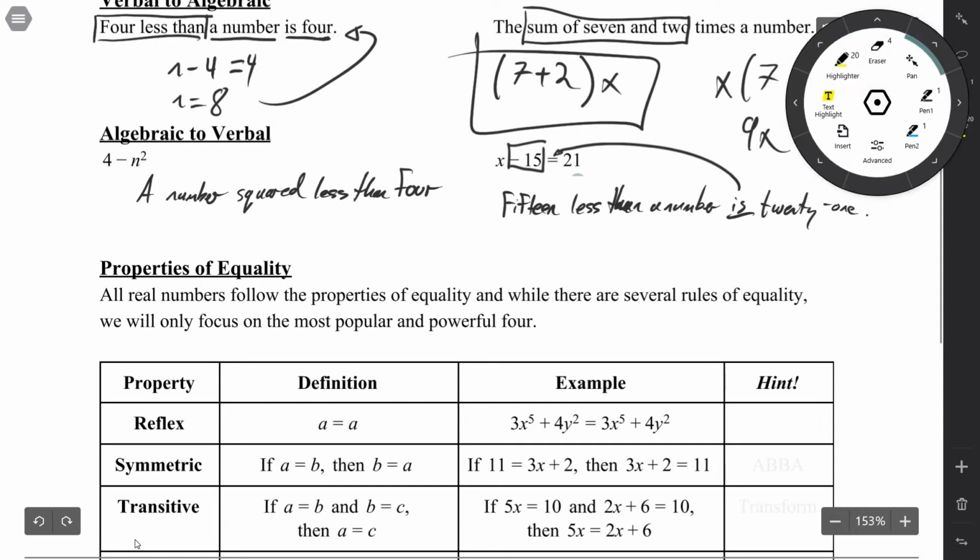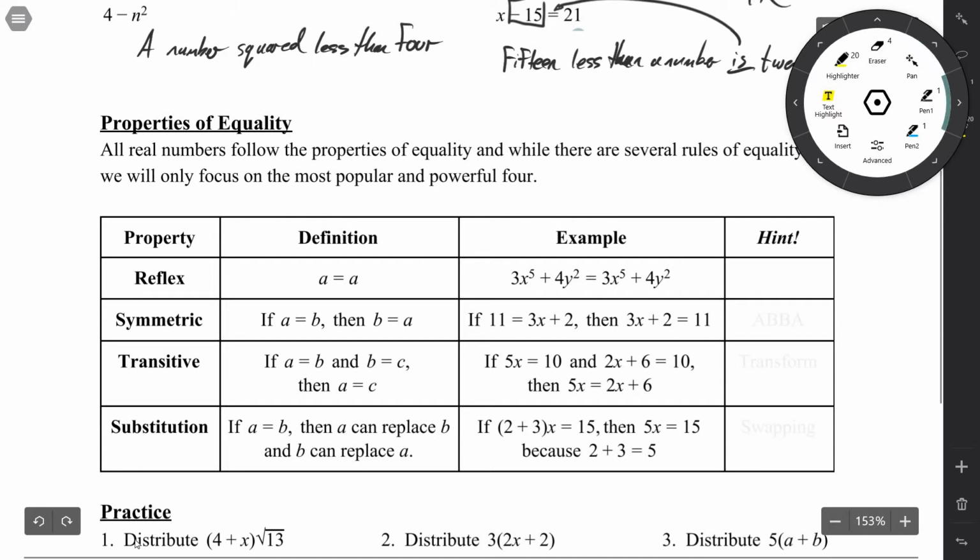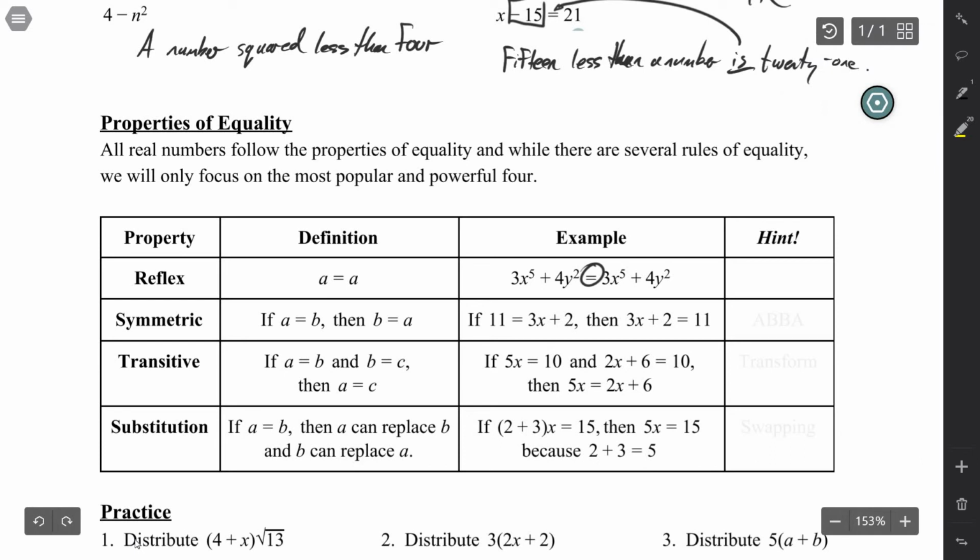Let's jump down to the next section. These are all properties of equality. When we're dealing with an equal sign like this, these are different properties that we're going to be looking at. Just as 1.3 was talking about the properties of real numbers, properties of equality all apply to real numbers as well.